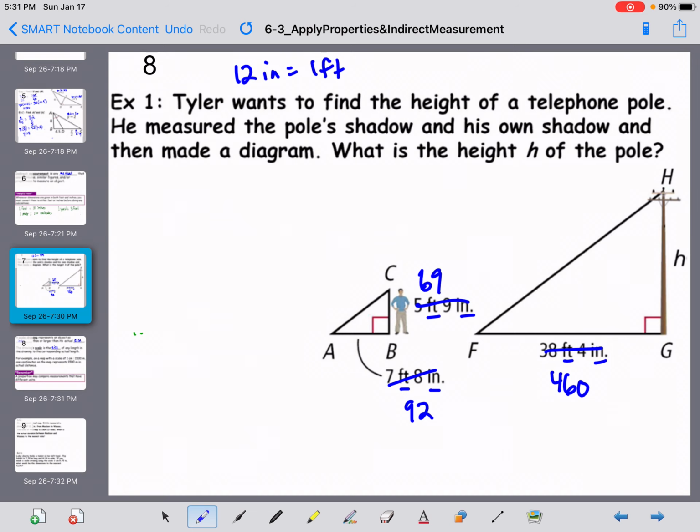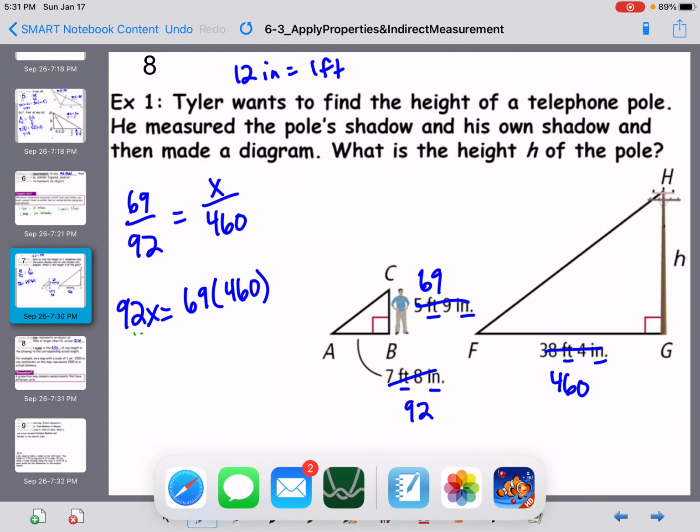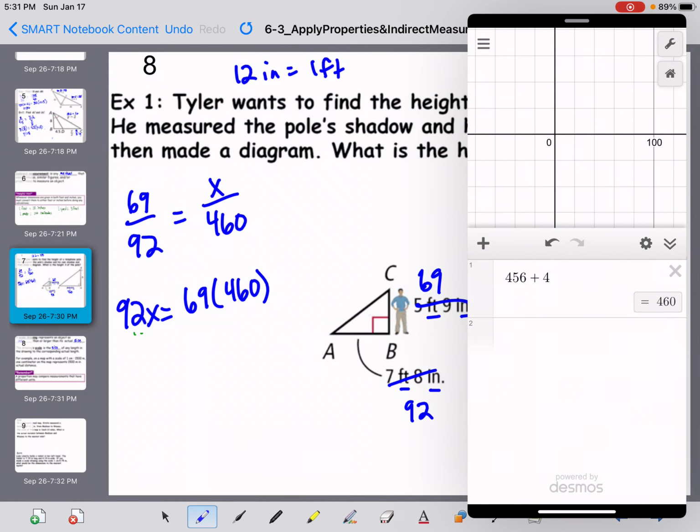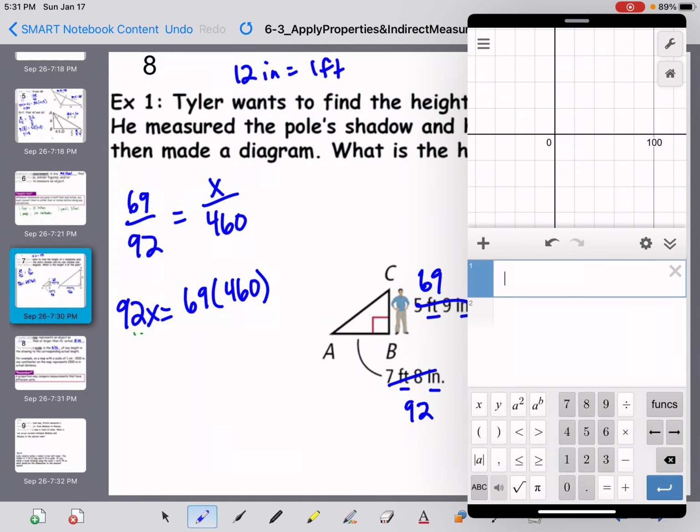But let's see what we got. 69 over 92 equals x over 460. And now 69 times 460. Type that in. Oh, wait a minute. I have to type in a 2, not just a 9, huh?